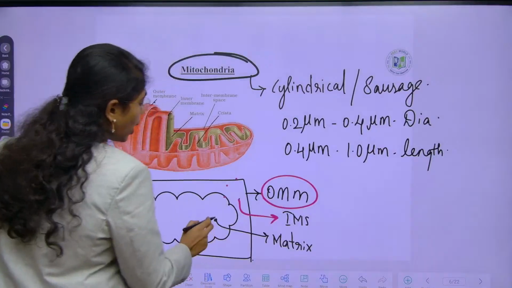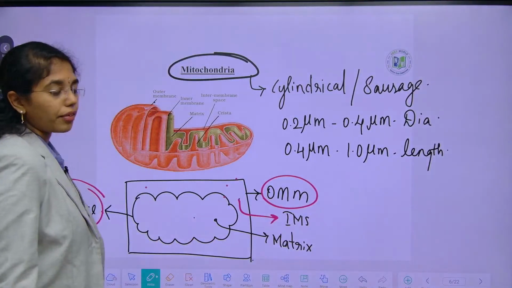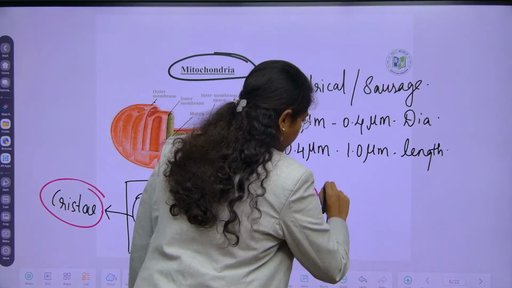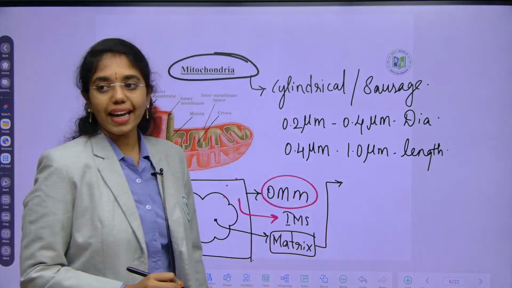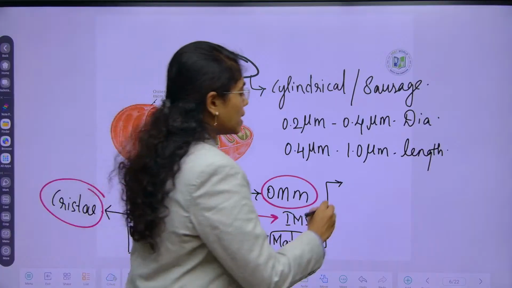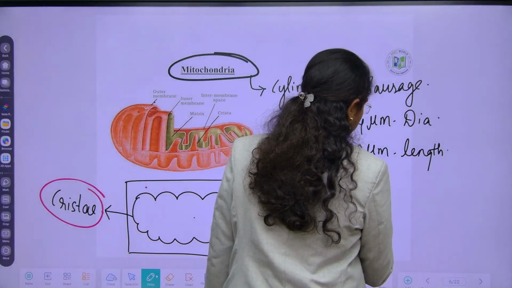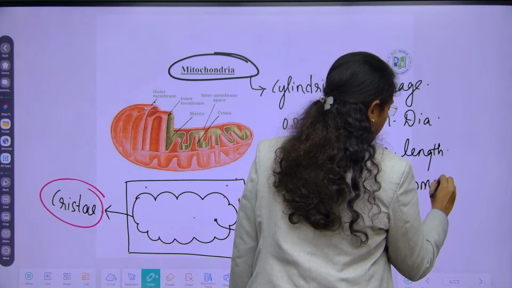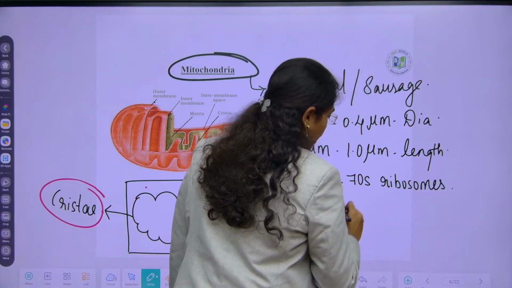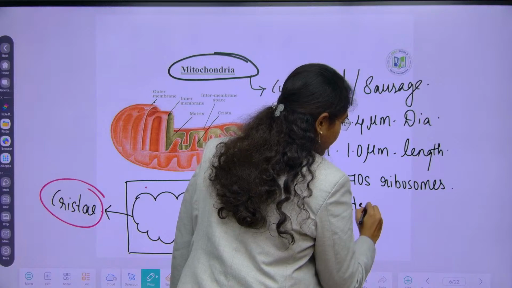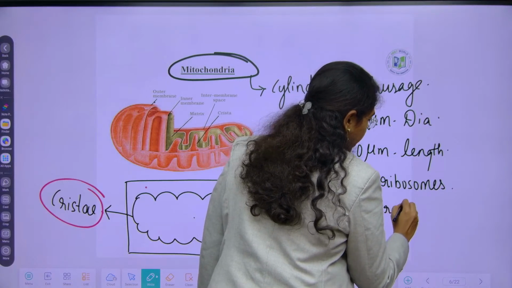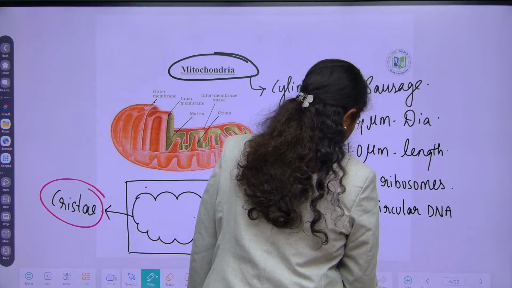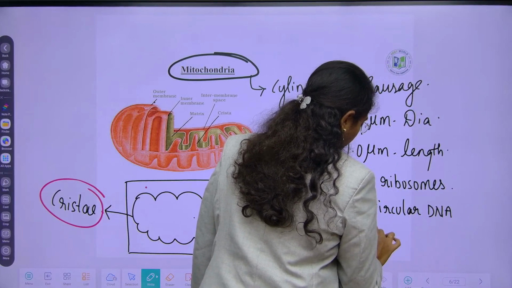And what are the components of the mitochondrial matrix? Mitochondrial matrix consists of 70S ribosomes or 80S ribosomes? 70S ribosomes, very good. 70S ribosomes, and it consists of double stranded circular DNA, RNA and proteins.